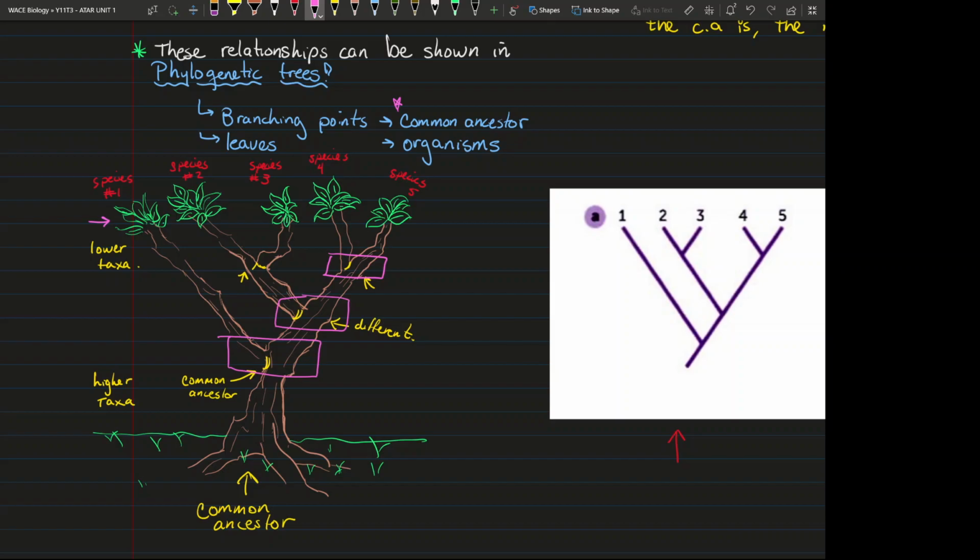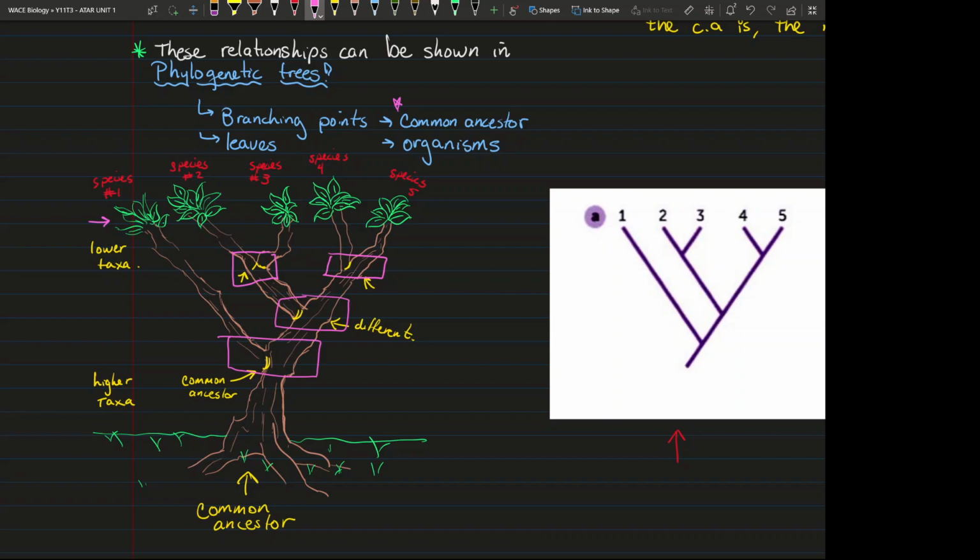But you're referring to one specific species or one specific group, depending how relative the diagrams are. They could be organisms, or they could be broader taxonomic groups like reptilia or aves, but it's referring to one specific thing. In this case, I'm referring to species. Oh, sorry, I missed the branching point here. This would be another branching point.